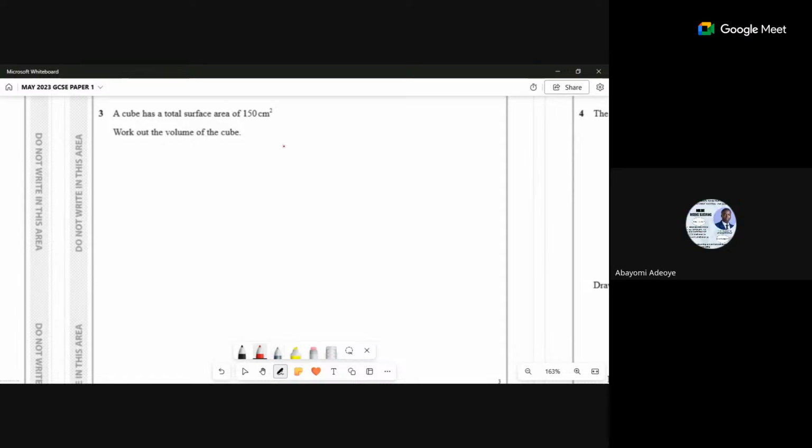Because it's a cube, all the sides are equal, so the volume is length times length times length. The area equals 6L squared. Is that clear?